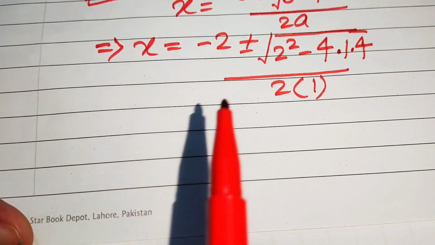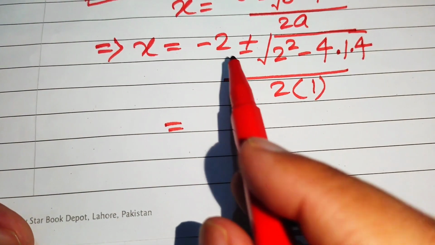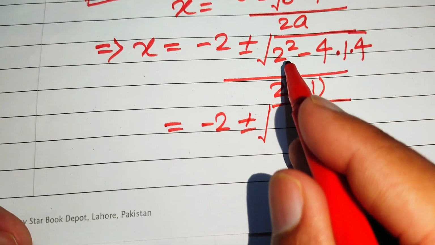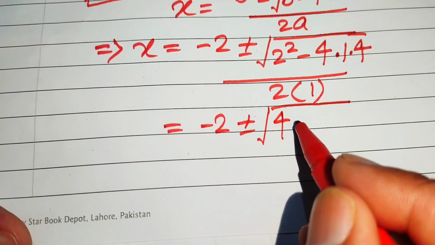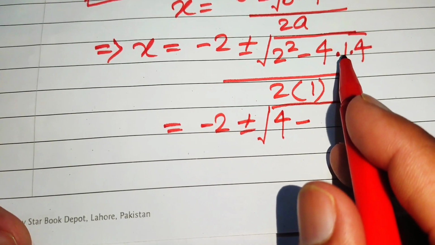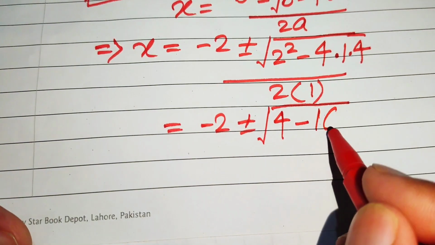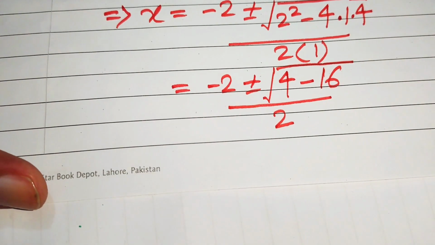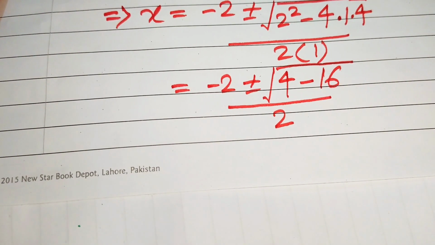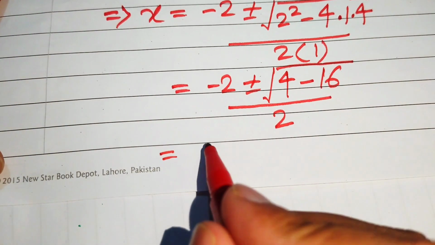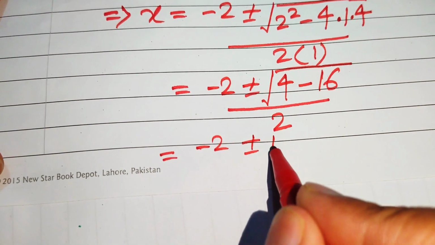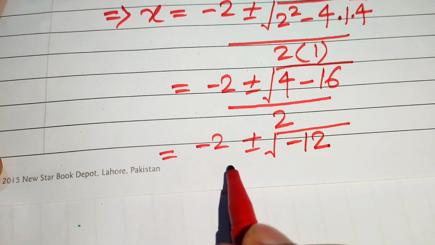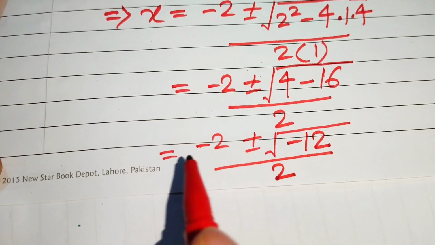Now in the next step we need a little bit of simplification, and we write it as −2 ± √(4 − 16), divided by 2, since 2² becomes 4, 4 times 1 is 4 and 4 times 4 becomes 16. Now 4 minus 16 is equal to −12, divided by 2.